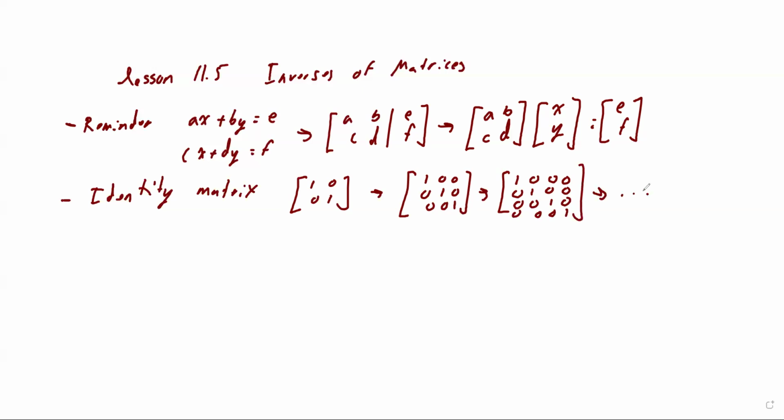So on and so on, right? So the identity matrix is basically a diagonal of ones with triangles of zeros. And the purpose of that identity matrix is, if you take an identity matrix and multiply it to any matrix, you just get the matrix back. So this allows us to have an identity matrix for multiplication.